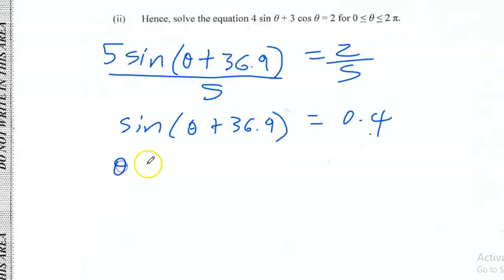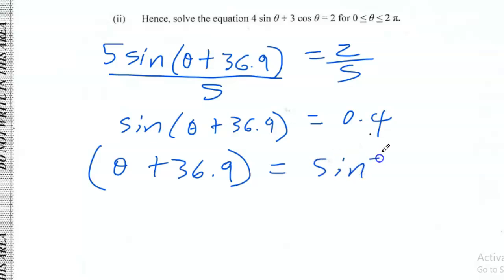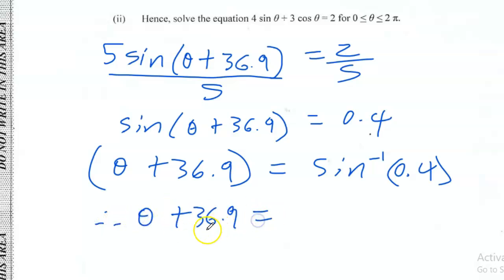So theta plus 36.9, what's in the bracket, would be equal to sine inverse 0.4. Therefore, theta plus 36.9 is equal to, let's find the two angles, sine inverse 0.4, 23.6 degrees using 1 decimal place.